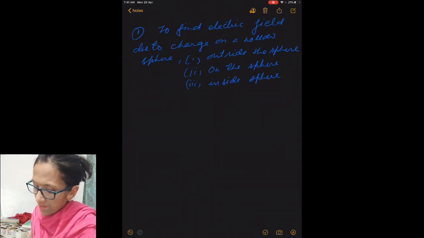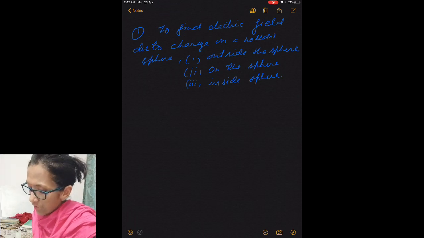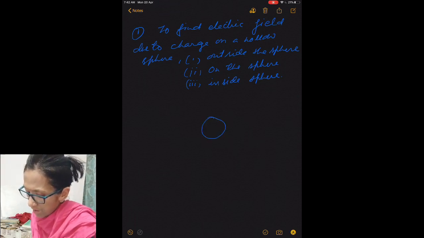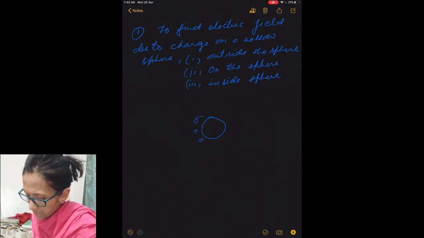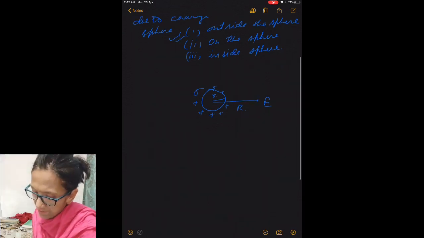For this, we will first have to draw a Gaussian surface for such a charge distribution. Let the charge density be sigma. Charge is uniformly scattered on the surface. Suppose this sphere is of radius small r, and we have to find the electric field at a distance capital R, outside, in the first case.